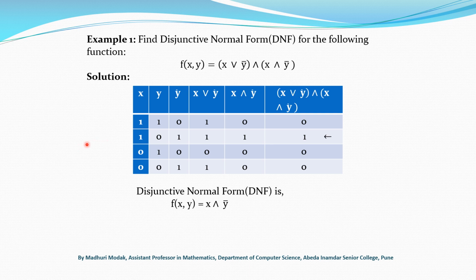Now x is already 1 but y is 0 here. To get it 1 we consider y bar, so that x meet y bar answer will be 1. So f(x, y) is x meet y bar. Now there are no more terms because there is only one 1. If there are more than one 1s, then the remaining terms we join by join.